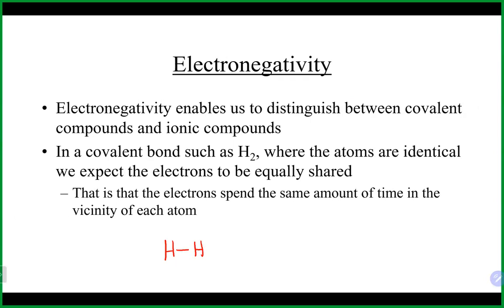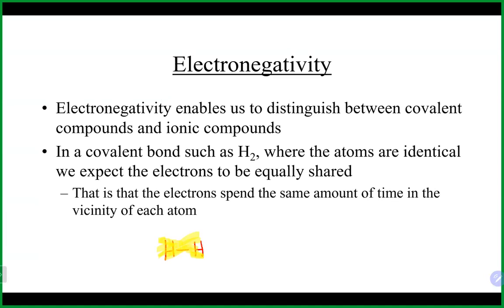They're going to have an equal pull towards each of them, and that results in an equal distribution of electrons between those two, kind of like a rope. If both people pull equally, the rope's really not going to go anywhere, right? So we get an equal distribution of everything going on there.